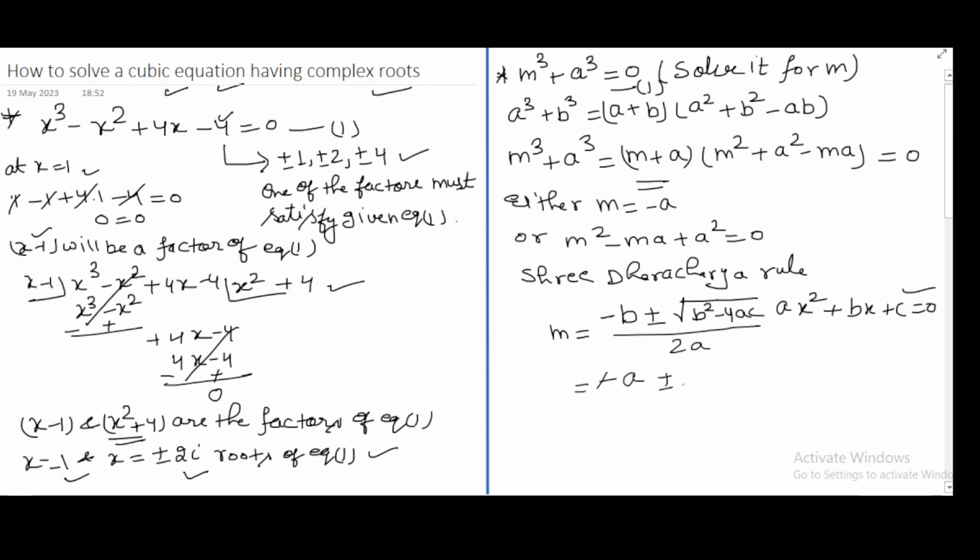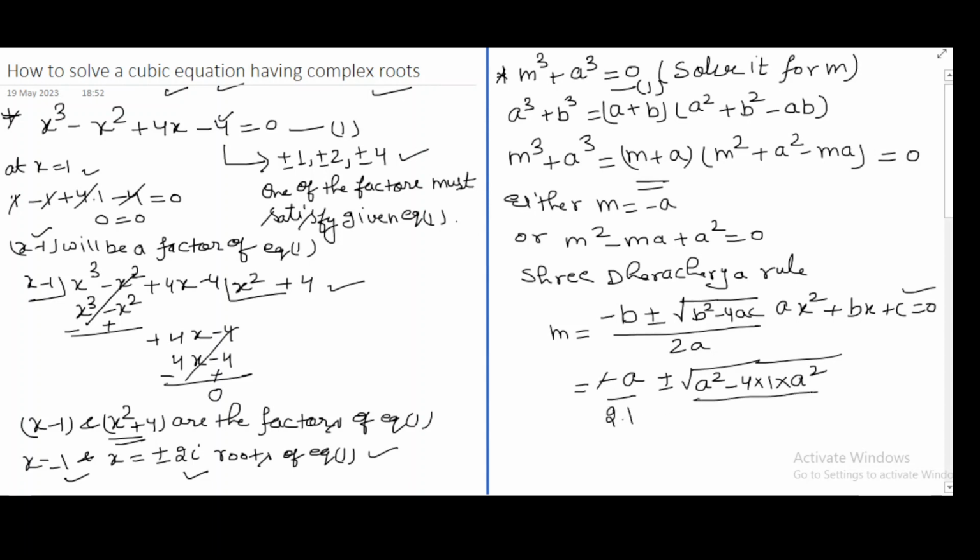Then minus b gives a, plus minus under root b square, that means a square, minus 4ac, that is minus 4 multiplied by the value of a, which is 1. A is the coefficient of x square, that means the coefficient of m square, and c is the constant term, that is a square. So upon 2a, the value of a is 1, so 2 multiplied by 1.